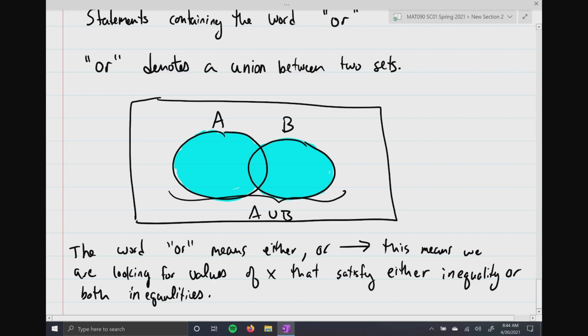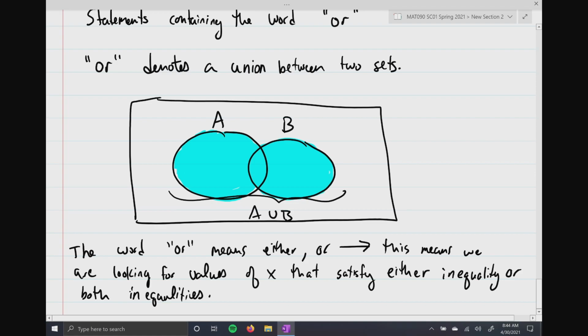All right, so here's what's happening. And I think it's really good that we did the and statement first. Okay? With the and statement, we need to satisfy both inequalities at the same time. The or statement says, listen, I don't care which inequality it satisfies as long as it satisfies one of them. Or you may run into the situation where it satisfies both, and that's okay as well.